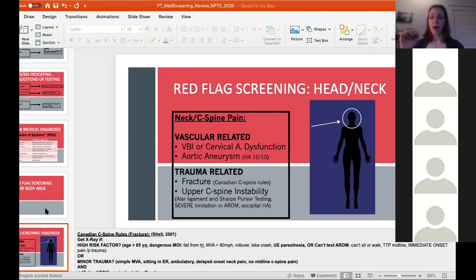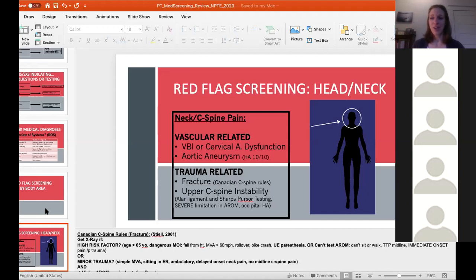We do know, as you're going through VBI testing, and this is a common board question, that when you're in extension and rotation, you're actually placing increased stress on the opposite side vertebral artery from the direction that your head is turned towards or rotated towards. That just has to do with the research study findings where they're using Doppler ultrasound to detect blood flow.